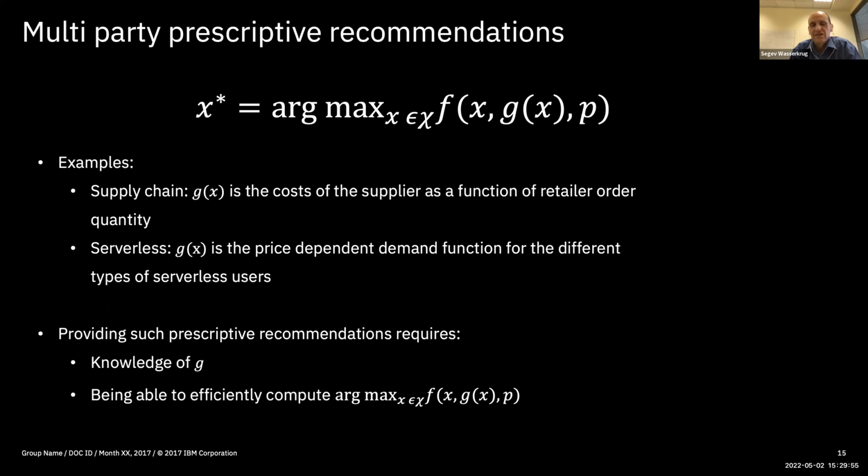I need to understand, the user needs to know, or needs to at least be able to model this G, and we need to efficiently then calculate this more complex problem. So how do we go then about addressing these challenges?